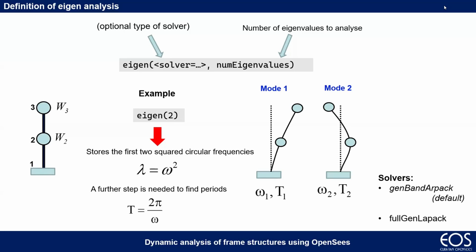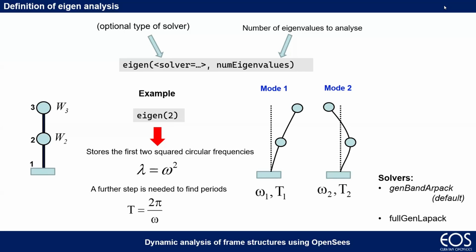The results are just the lambdas, you know, that is just the square of the omegas. And starting from that, you can compute the period of the structure, all the periods of the structure. Pay attention that if you use the ARPACK one, since it uses matrix-free eigenvalue analysis, it's a particular stuff that we are not going into detail about, you can compute only the number of degrees of freedom minus 1 eigenvalues, okay?